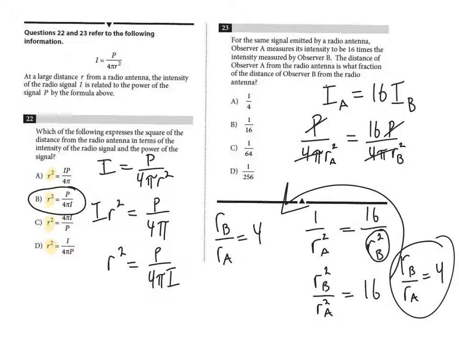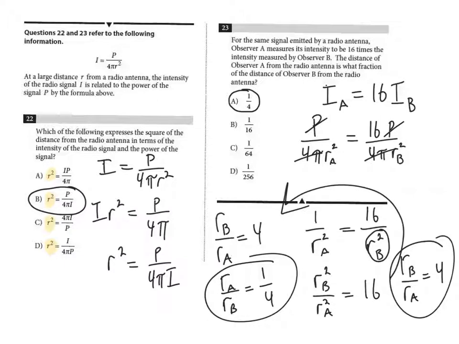Well, we want to take the reciprocal of both sides so that we have the fraction that A is of B, and on the right we get 1/4. So 1/4 is our solution.